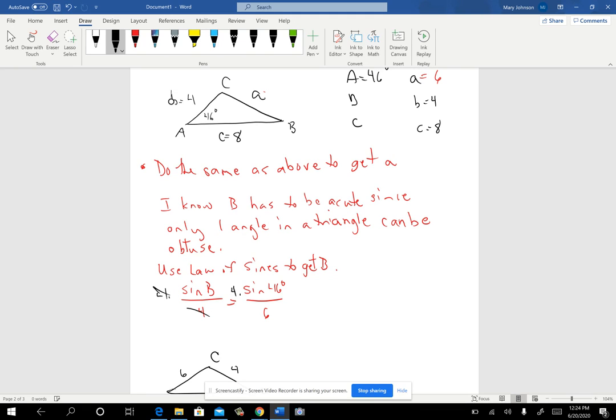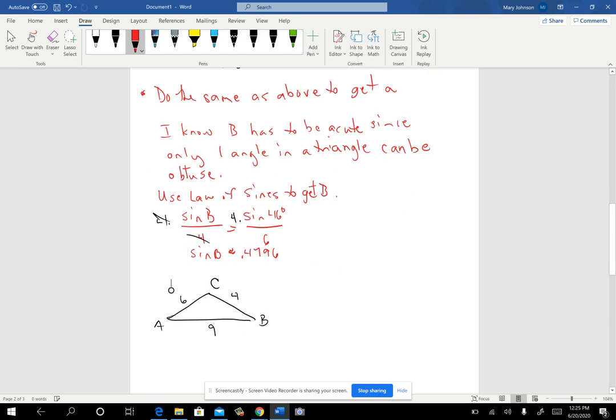And I'll find out that the sine of B equals 4 times the sine of 46 divided by 6. Okay, I didn't enter it right. 4 times the sine of 46 divided by 6 turns out to be about 0.4796.